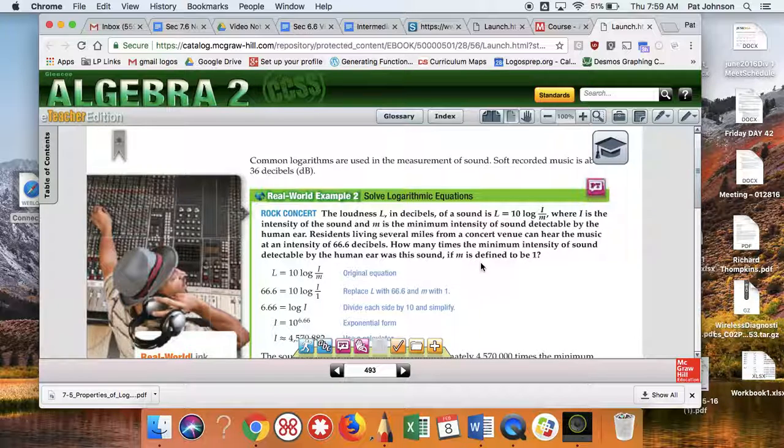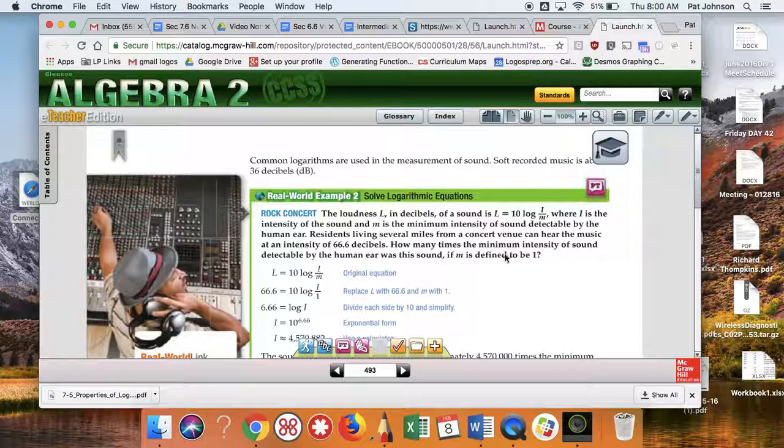Now, common logs are used in measurements of sound. Soft recorded music is about 36 decibels. Let's look at example 2. The loudness L in decibels of a sound is given by this equation, where I is the intensity of sound and M is the minimum intensity of sound detectable by the human ear. Residents living several miles from a concert venue can hear the music at an intensity of 66.6 decibels.